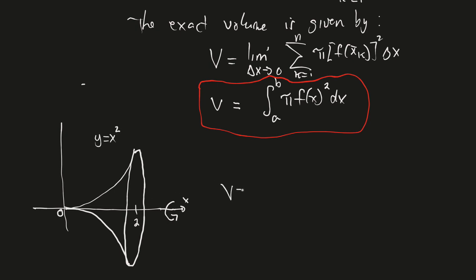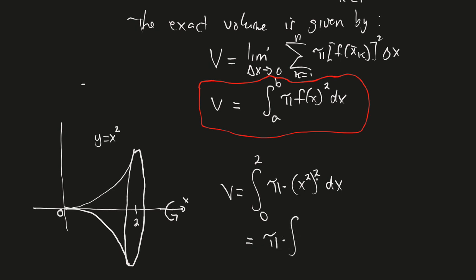So our volume here is the integral from 0 to 2 of pi, and now I have to square my function, so it's x squared squared dx. Since the pi is a constant, sometimes when you look at this formula, the pi is factored outside, which we know we can do.